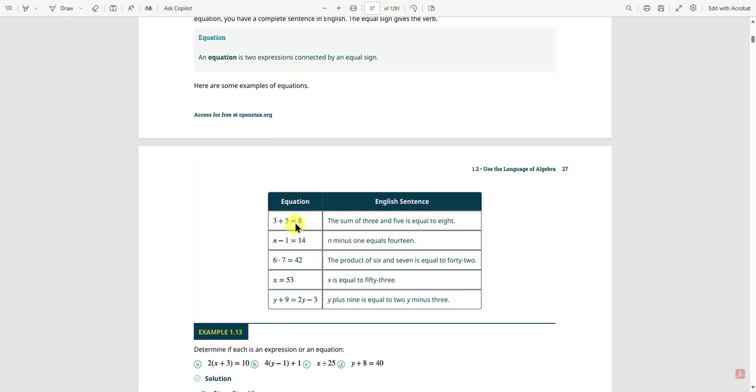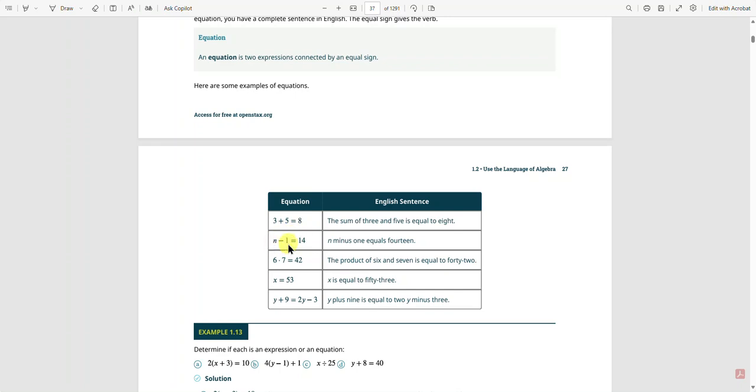See how the equal sign acts like a verb that turns these two phrases into a complete sentence. 3 plus 5, the expression, is equal to the expression 8. And that whole statement is an equation with an equal sign connecting two expressions.